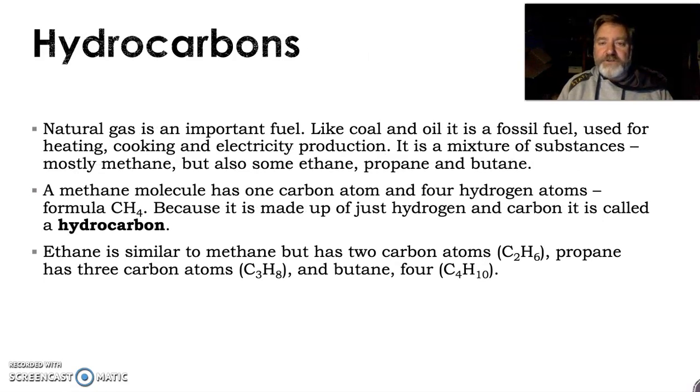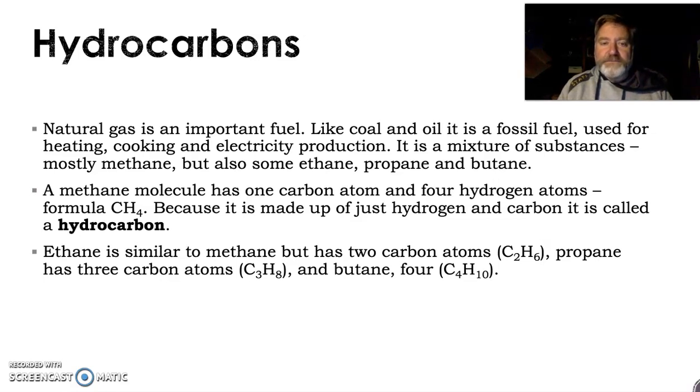We obviously use lots of hydrocarbons for our fuels. We use hydrocarbons in our cooking, in our heating, in our cars and trucks and buses and all that sort of stuff. We also burn hydrocarbons to create electricity. So it's a really important fuel source for us. And a lot of the hydrocarbons are based on this idea of the methane.